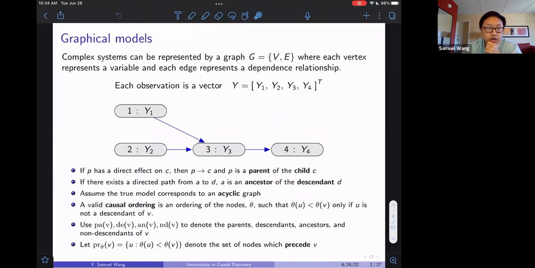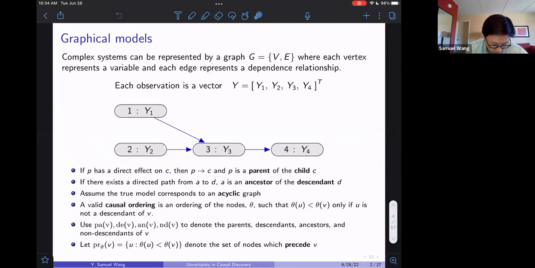All right, so throughout the talk, we'll use the language of graphical models. Basically, we're representing a complex system using a graph, where each vertex represents a variable and each edge represents a dependence relationship. In this case, we have an observed vector which has 4 elements, and this could be a corresponding graph.